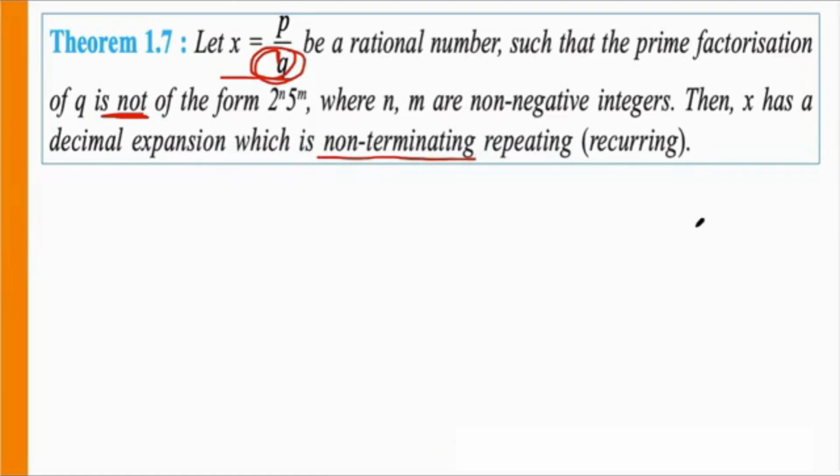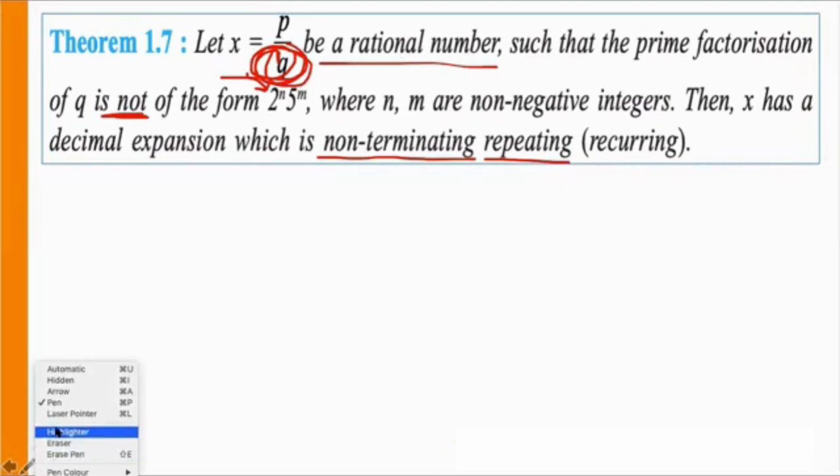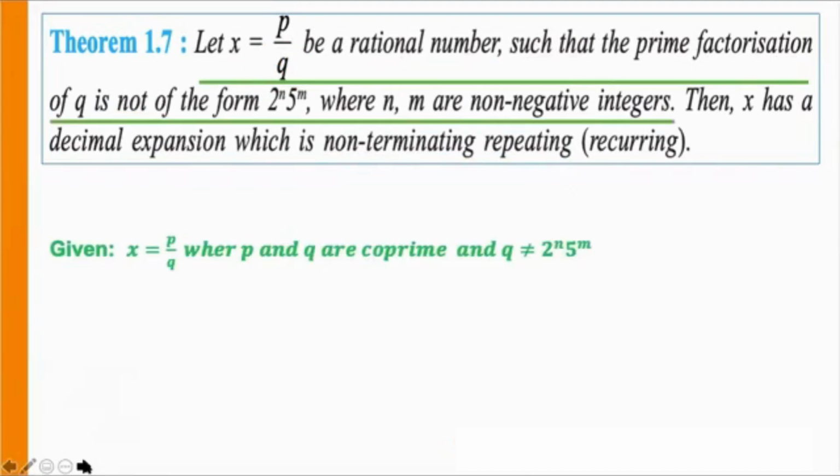That means it will continue, and there will be a repeating string. That means after a certain time, the strings will repeat itself. Remember, it is a rational number, but only that the q is not in the form of 2 raised to n, 5 raised to m. The only difference is that.